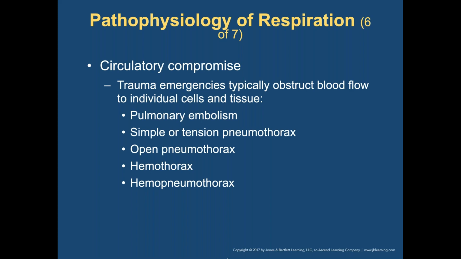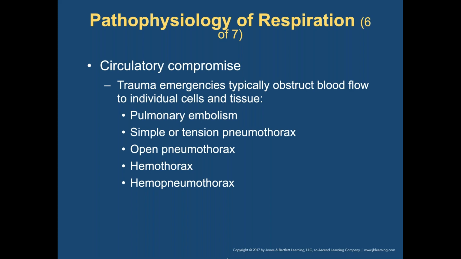So simple is air, and then tension pneumo means air and blood. And again, once that's happened, you're losing fluid out of your blood vessels and into the chest cavity. Open pneumothorax, or a sucking chest wound. You see these a lot with stab wounds and gunshot wounds. Hemothorax, which is just blood, and hemopneumothorax, which is blood and air, but they're in the chest cavity, not necessarily the lungs.